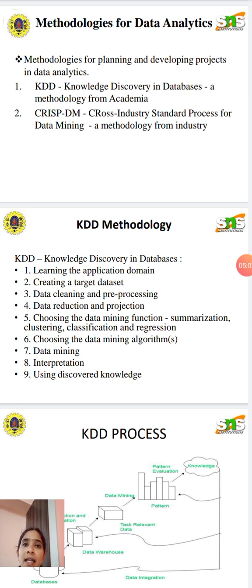Seventh one is data mining. Finally, once the techniques have been selected, the next step is to apply them to the data already selected, cleaned and processed. It is possible that the algorithm is executed several times, trying to adjust the parameters that optimize the result. These parameters vary according to the selected method. Eighth one is interpretation.